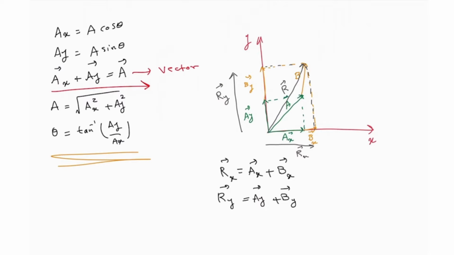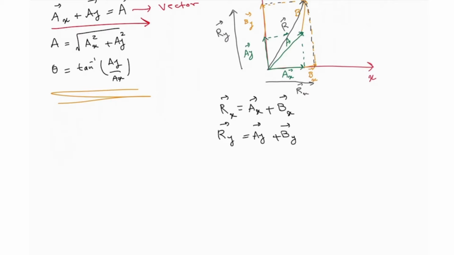Once we find the x and y components of A and B, we add them up to find the x and y components of the resultant vector. And then after we find the Rx and Ry components, we can use the Pythagorean theorem to find the magnitude of R. And we can find the direction of R by finding the angle it makes with the x-axis.